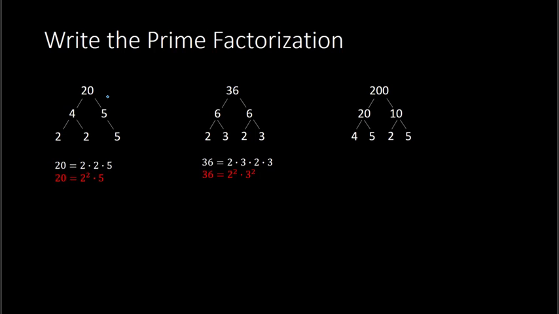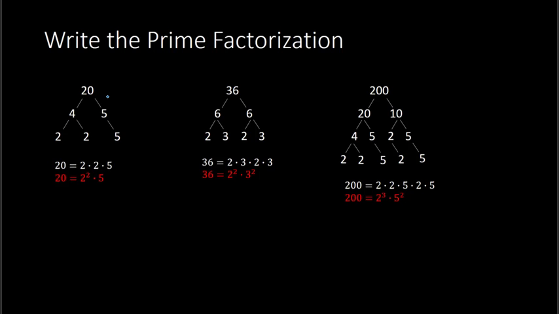So from here, 5, 2, and 5 are prime, so those are good, but 4 is composite still. 4 can break down as a product of 2 times 2. So we have 2 times 2 times 5 times another 2 times another 5, and that will equal 200. And a simpler way of writing this is we have 2 to the third power times 5 to the second power.